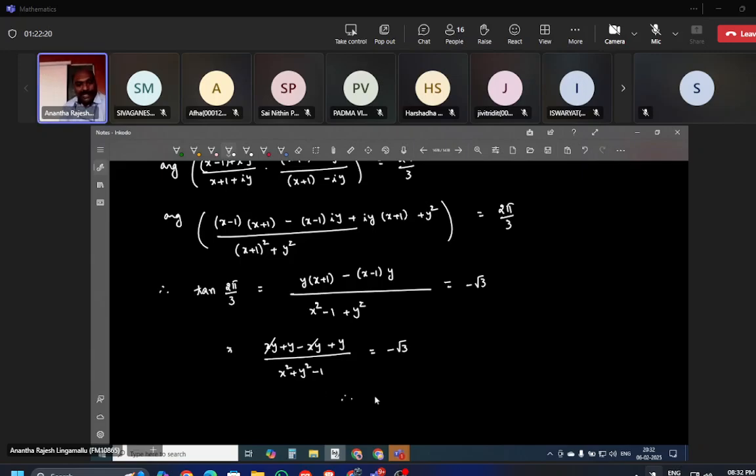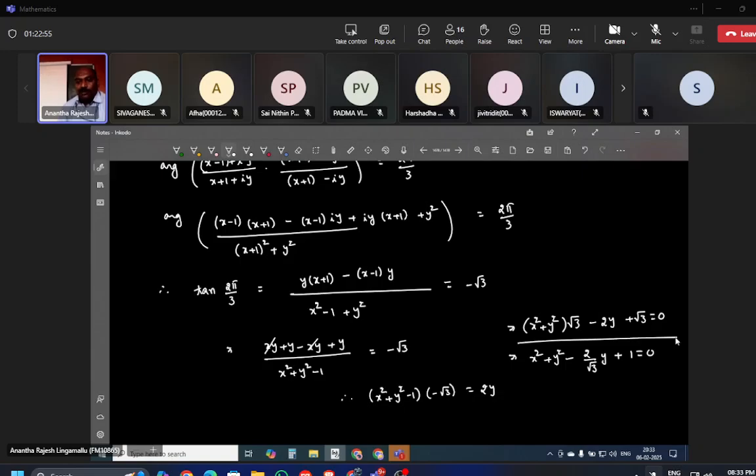So therefore, final answer please. x square plus y square into root 3 minus 2y plus root 3 is equal to 0. That is the locus. I don't want to see this root 3, so I'll divide once again. x square plus y square minus 2 by root 3 into y plus 1 equal to 0. Over, answer. So this is definitely a circle.